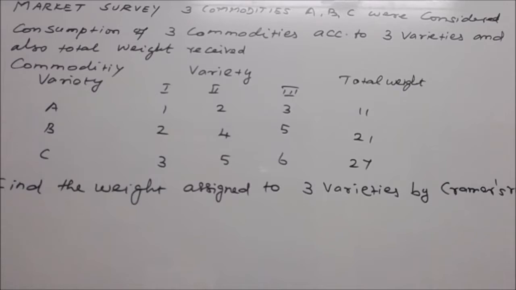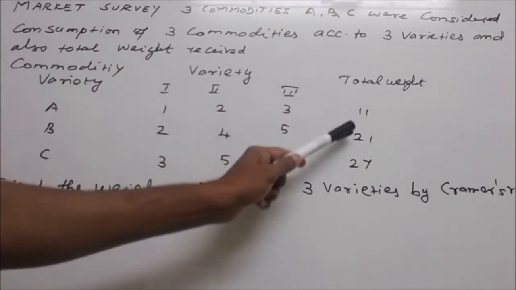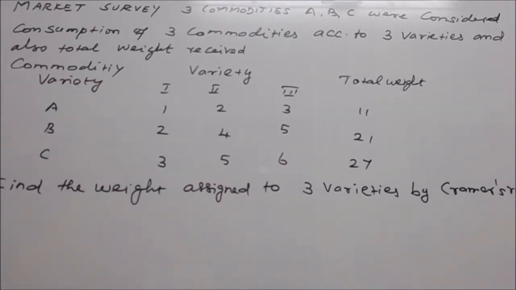The total weight consumption is given as 11, 21, 27. We should find the weight assigned to the 3 varieties by Cramer's rule.